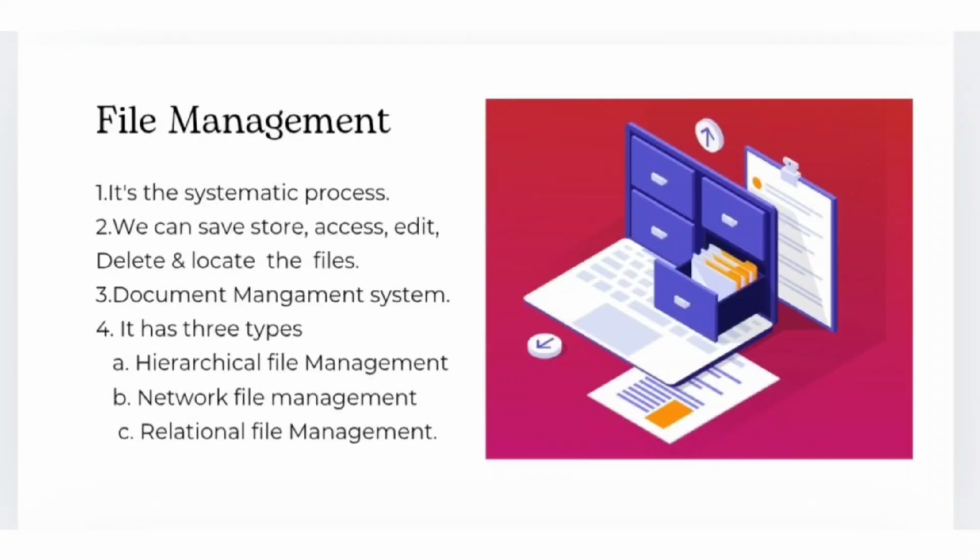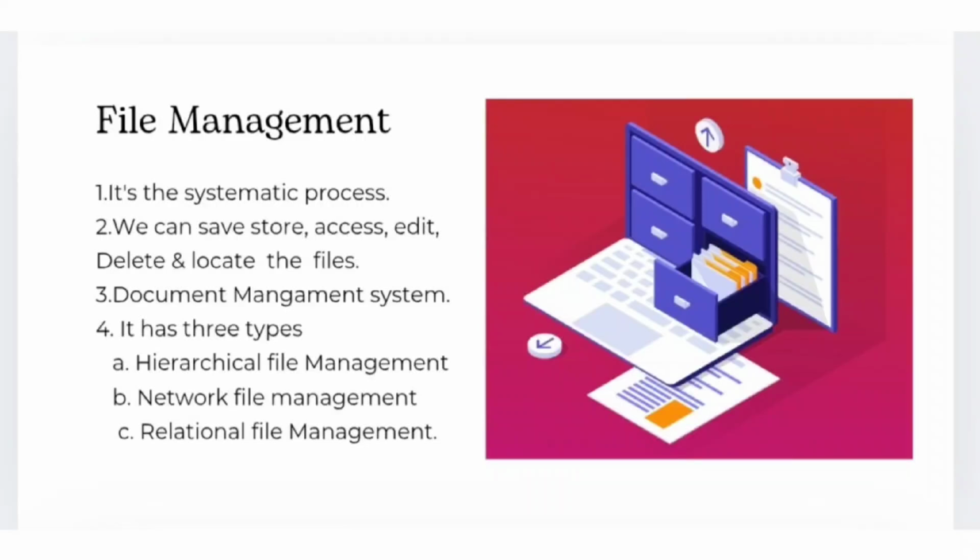And then file management has three types. One is hierarchical file management, network file management, and the third one is relational file management. Hierarchical means the operating system files you can store in that hierarchical file management system. Network means if you are using the internet, you can store those internet files.